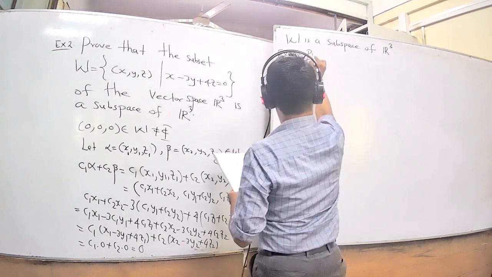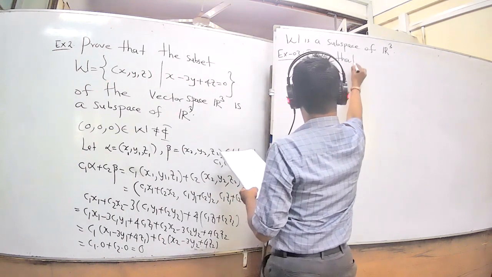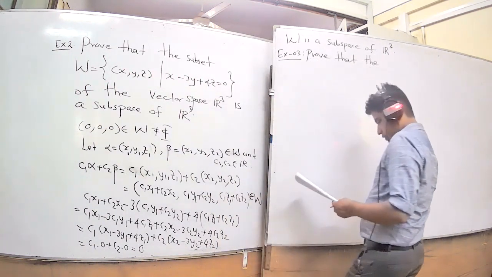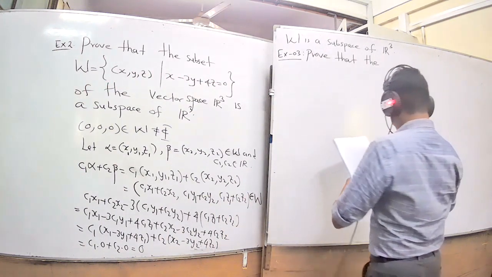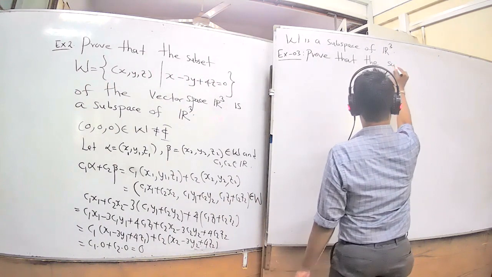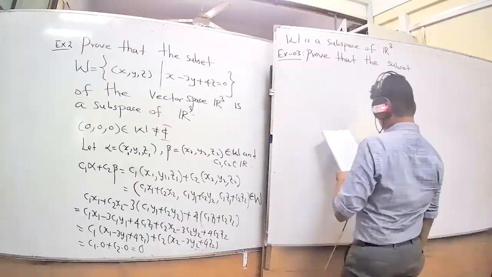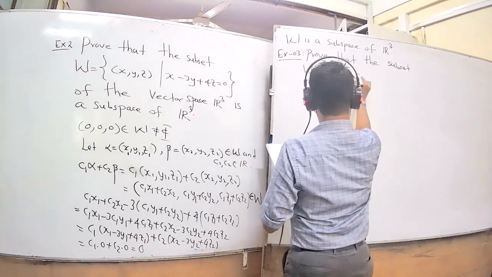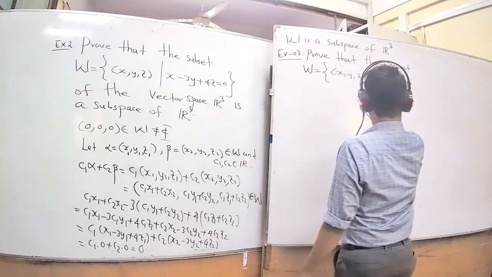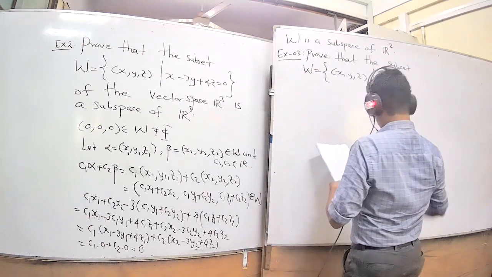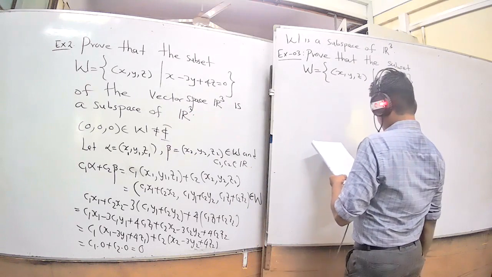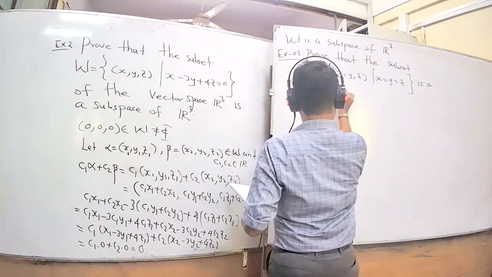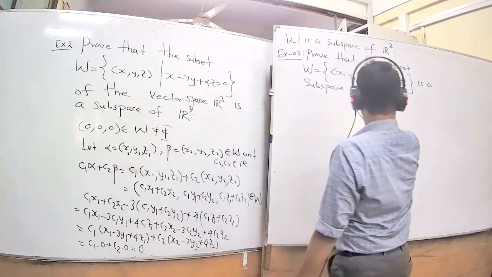Prove that the subset W, equal to the triples (x, y, z), with the condition x equals y equals z, is a subspace of R cube.